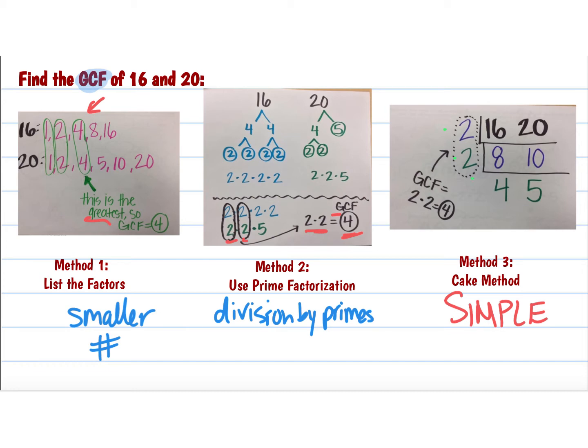So at that point I stop and multiply those together. We can see that the greatest common factor, the biggest number that both can be divided by, is 4. So again, maybe have an image of those written down, or a reference so that you can try them on the next slides.